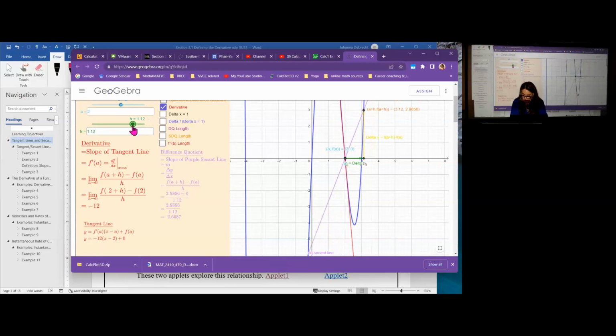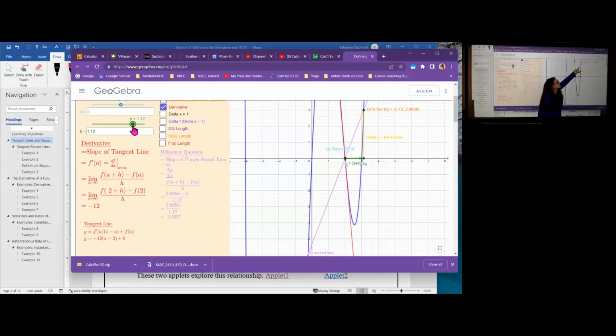If I look right here, you can see in purple the slope of the secant line connecting f of A with f of A plus H. Now, what we have is the difference quotient. You can see in red that this is the actual tangent line at 2.